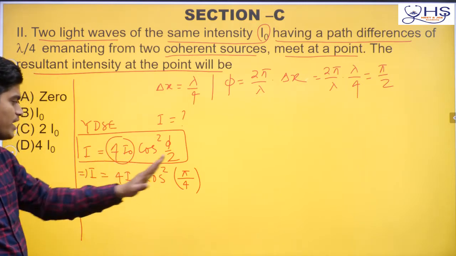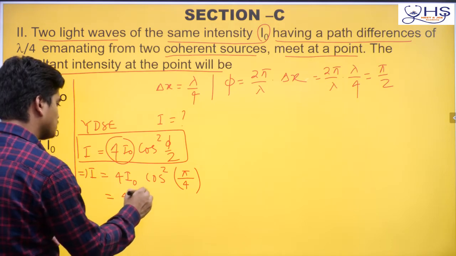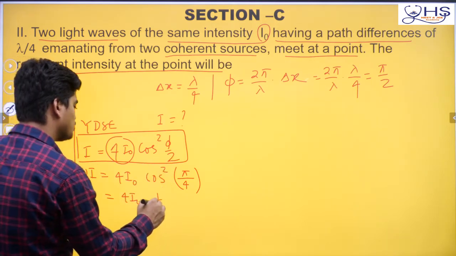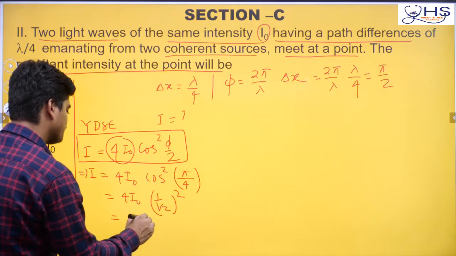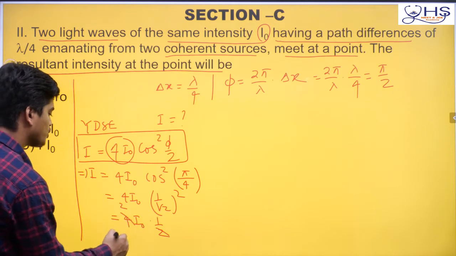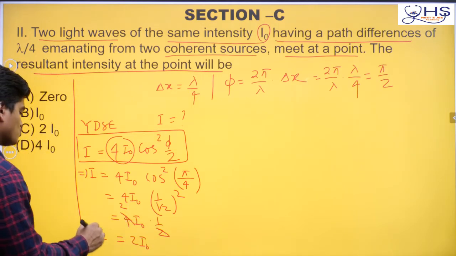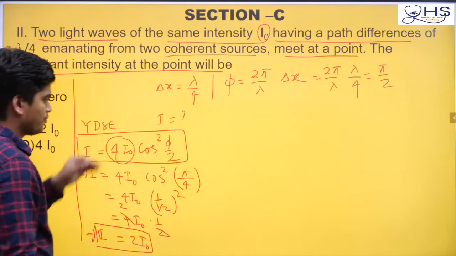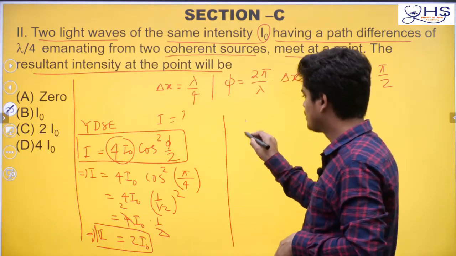Now I equal to 4 I naught cos square pi by 4. Now cos square pi by 4 is nothing but 1 by root 2 square, and that is 1 by 2. Now 2 will cancel, 4 is 2, so answer will be 2 I naught. So your resultant intensity is 2 I naught.